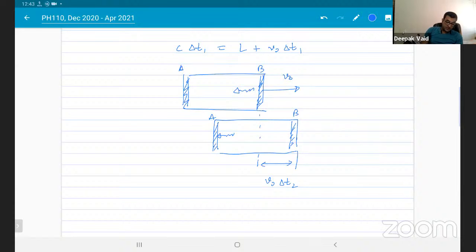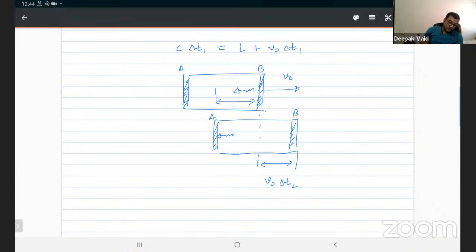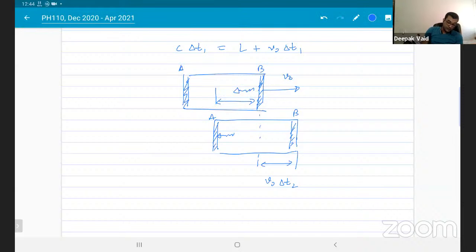Okay. And then what is the distance the light has actually traveled as seen by O? As seen by O, the light has gone from this position to this position. So that displacement is equal to the length of the box as seen by O minus this portion.